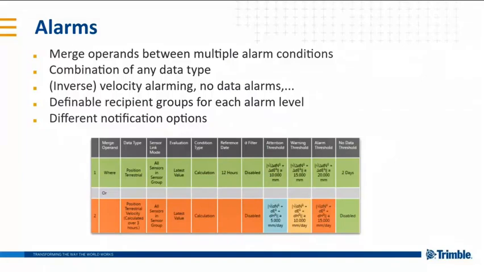So that's possible, and you can also define recipient groups for different alarm levels, so that you send the right alarm notifications to the right people depending on the severity of the event. There are different notification options available: you can send an email, you can send an SMS, you can run a batch file, for example.